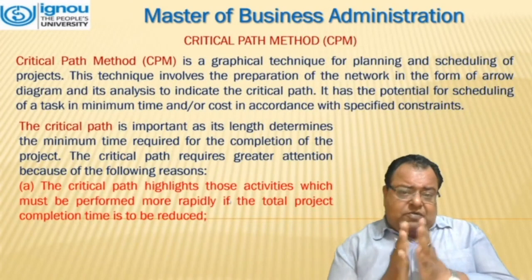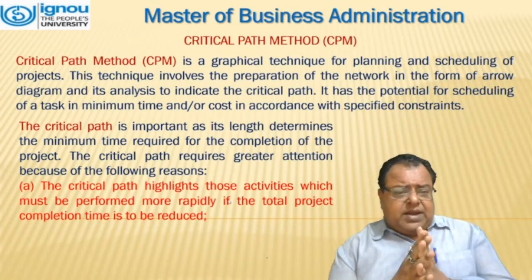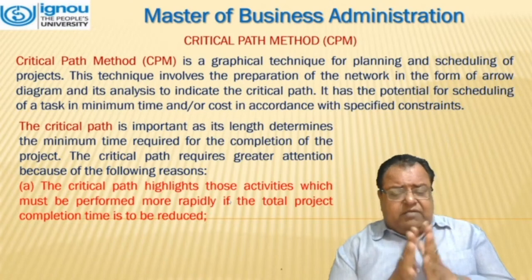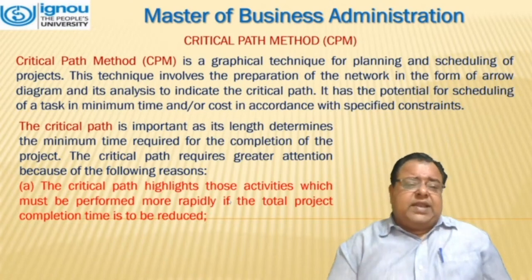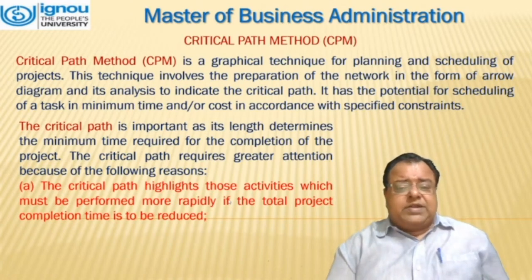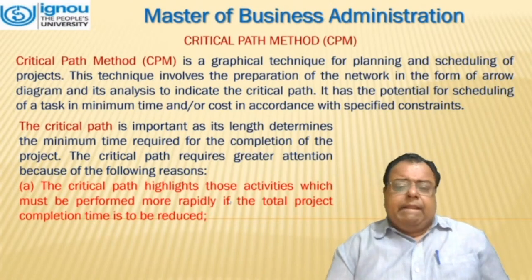Now we move to the critical path method. The critical path method is a graphical technique for planning and scheduling of the project. This technique involves the preparation of the network in the form of an arrow diagram, and its analysis is to indicate the critical path.